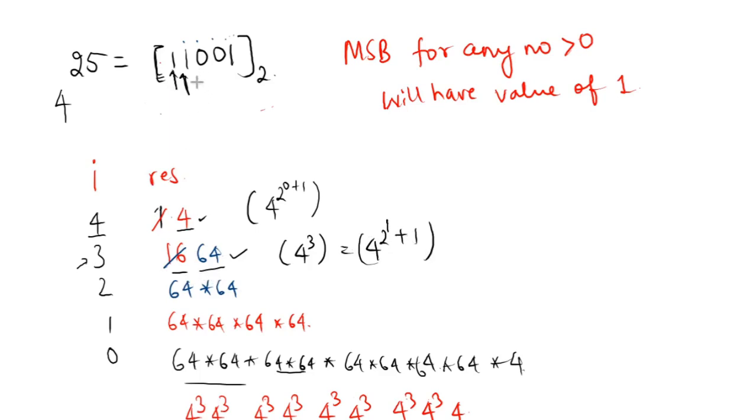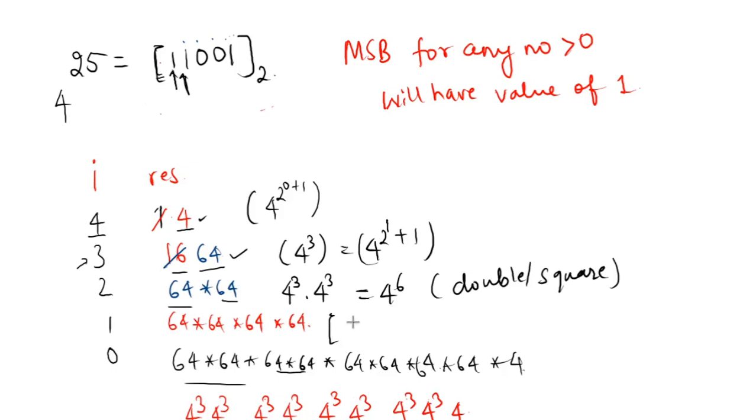Once this is done, the values are being updated, like the result value is getting updated by 64 times 64, which is 4 raised to 6, so just the square of the value has taken place, and here also the square of the value has taken place, resulting in 4 power of 12.